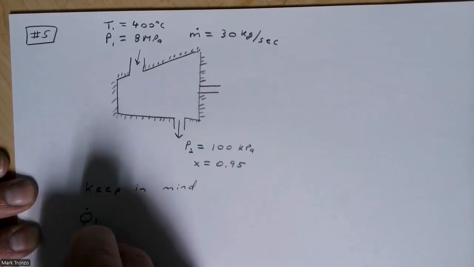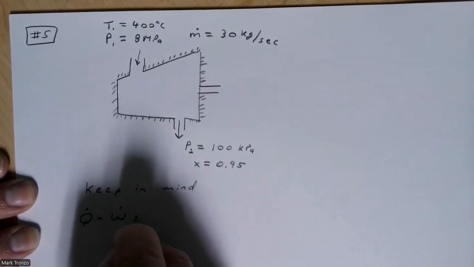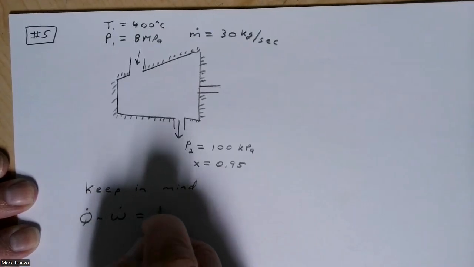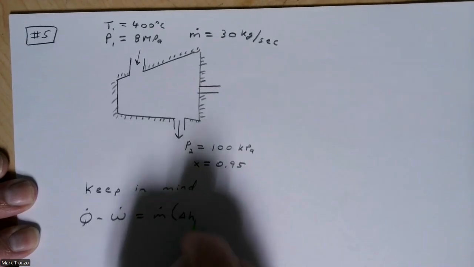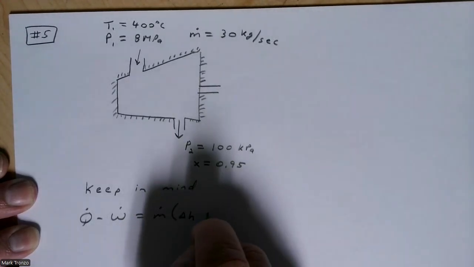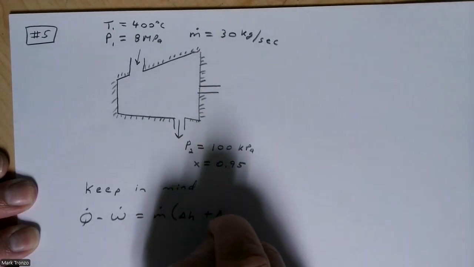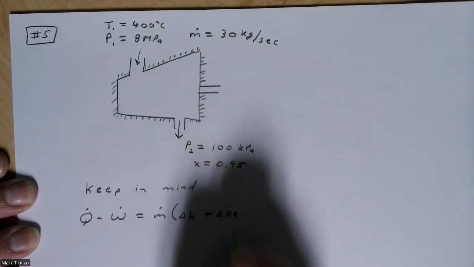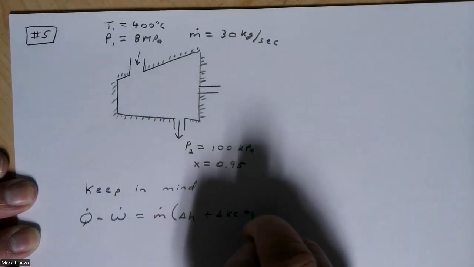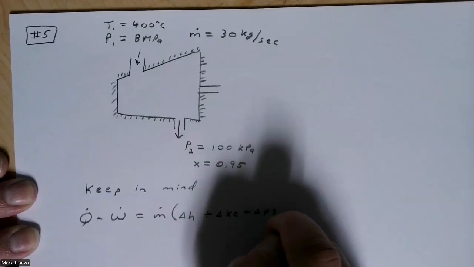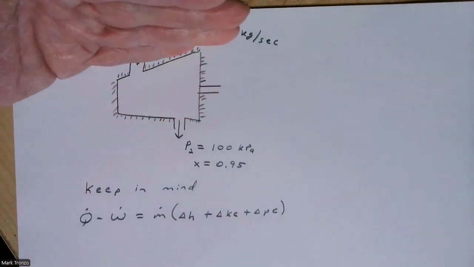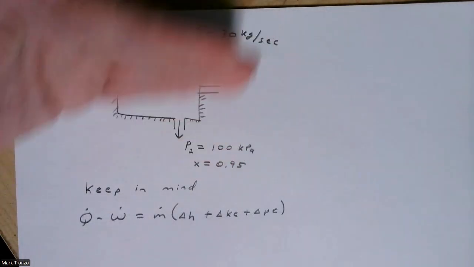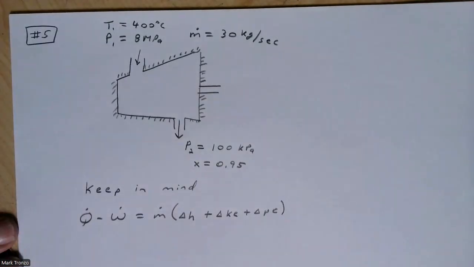You have Q dot minus W dot is m dot times the change in enthalpy, change in kinetic energy, change in potential energy. Now, for a turbine, there's no elevation change, at least not a significant one.